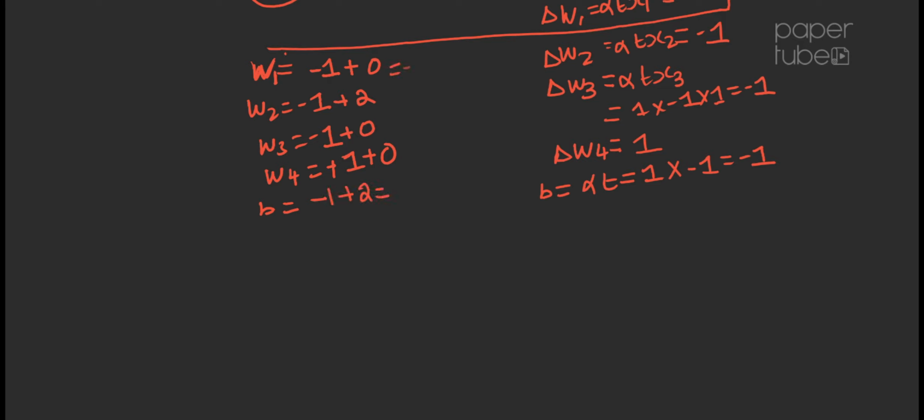So if you calculate, this should be equal to minus 1, 1, W3 should be equal to minus 1, W4 should be equal to 1, bias should be equal to 1. So that's a new weight and bias.